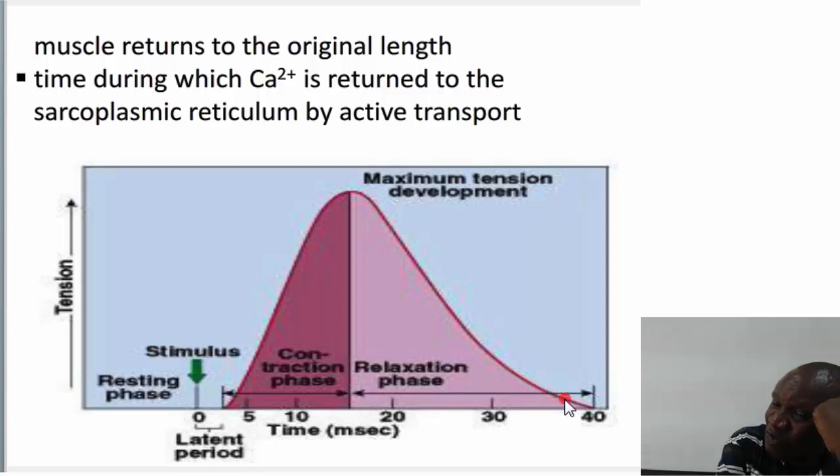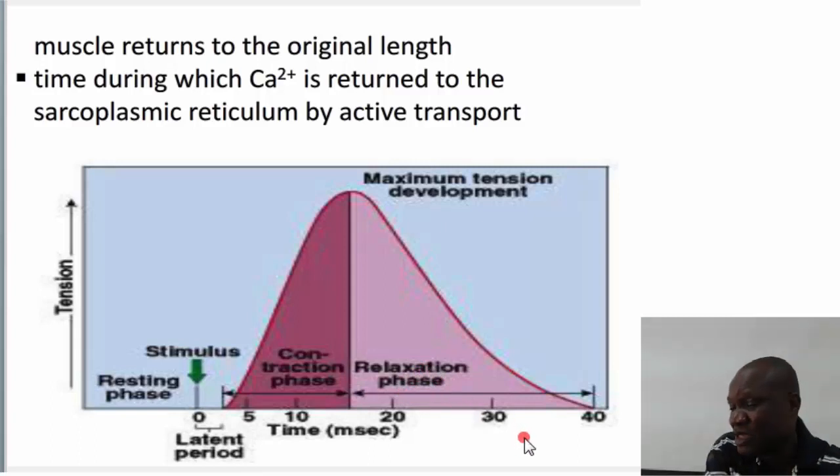The muscle will return to its original length. It's believed that during the relaxation phase, calcium is pumped back into the sarcoplasmic reticulum. We saw that during relaxation, the intracellular concentration of calcium drastically reduces. So this is our twitch.